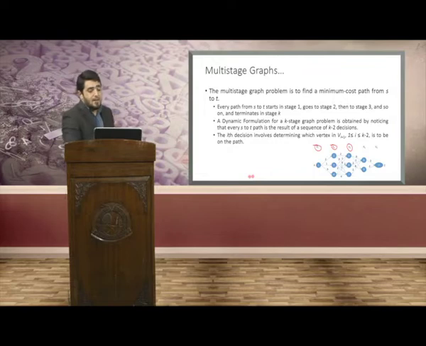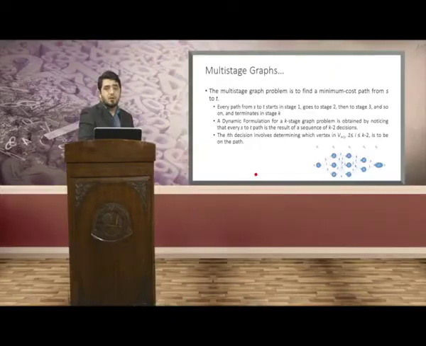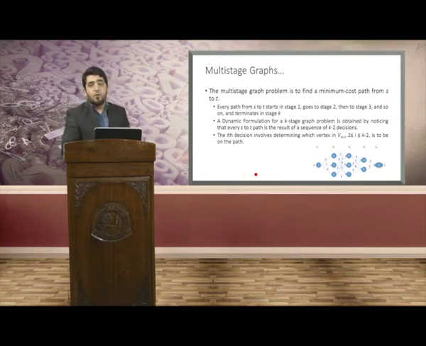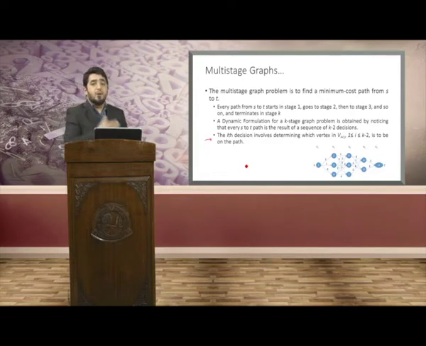That is why we said that a dynamic formulation for a k stage graph problem is obtained by noticing that every S to T path, source to sink path, is the result of a sequence of k minus 2 decisions. So that is why we said k minus 2 decisions. Now the ith decision, when we are at stage number i, involves determining which vertex in the next stage, the i plus 1th stage, where i ranges from 1 to k minus 2, is to be on the path.